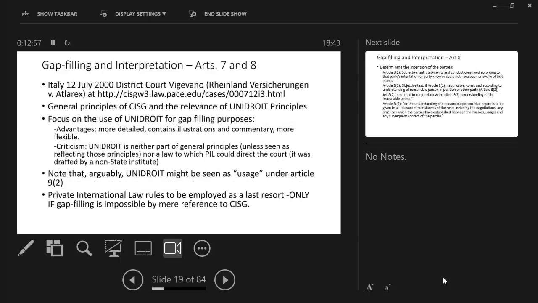So, gap filling. This is something where we're going to see throughout the course a number of areas where we have standardized trade usage, definitions of terms, systems which are frequently adopted.